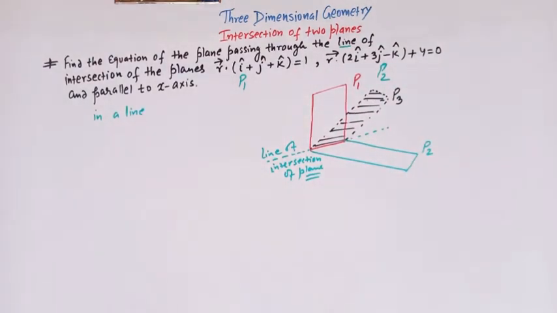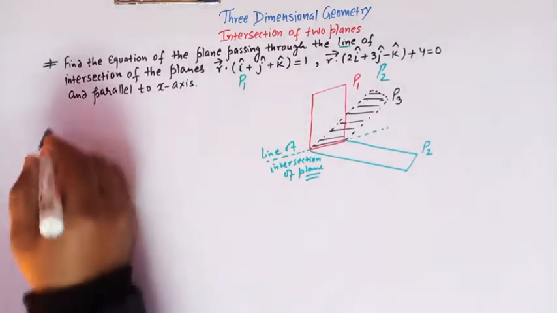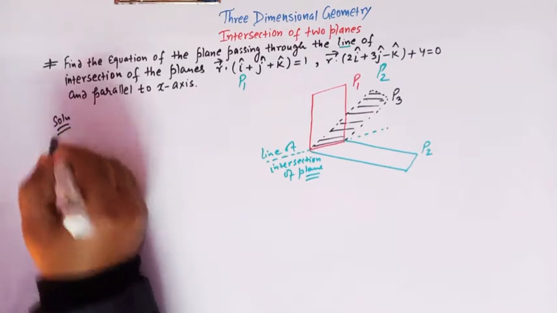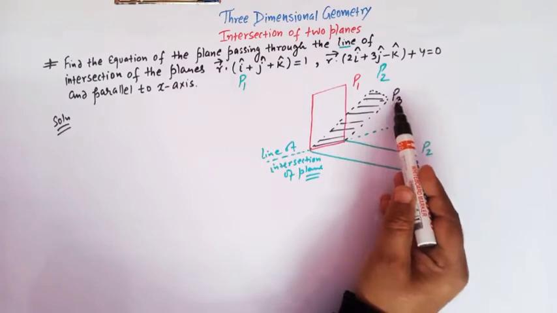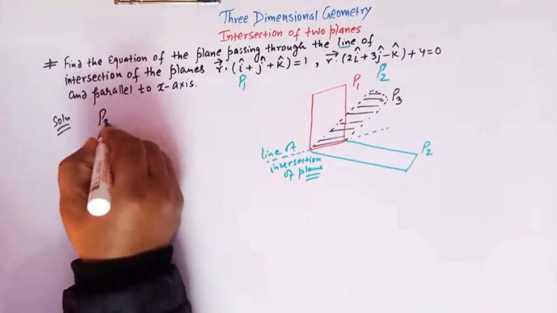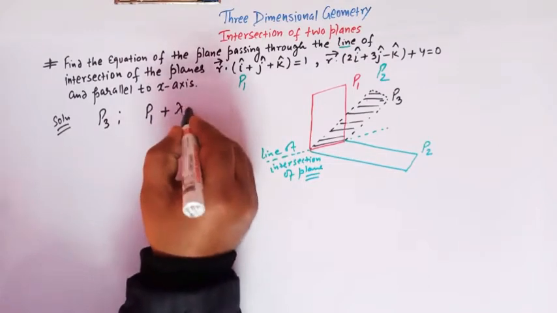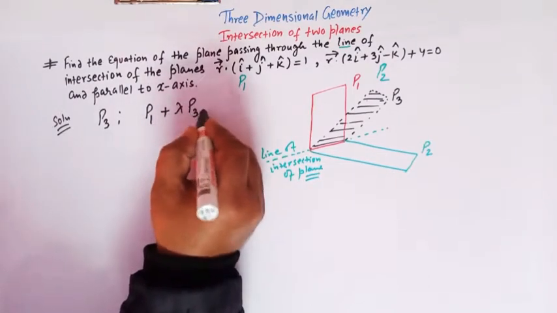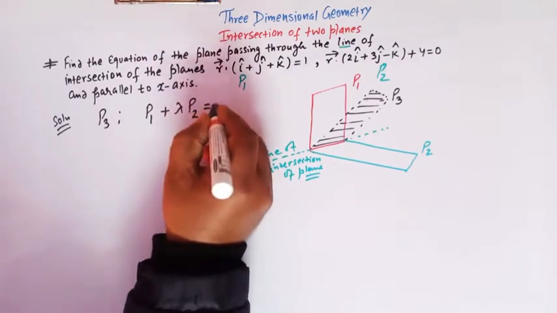Now we know that whenever two planes intersect, the equation of the third plane P3 is given by P1 plus lambda times P2 is equal to 0.